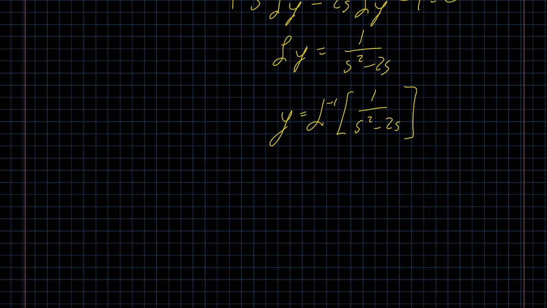And this is not an inverse Laplace transform that appears on our table, but you may and hopefully did pretty quickly recognize that there is a common factor of s between the terms in the denominator.